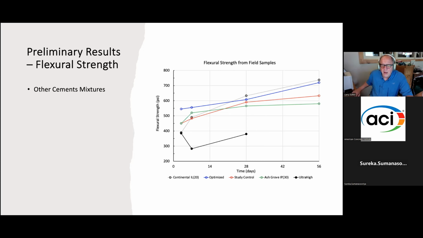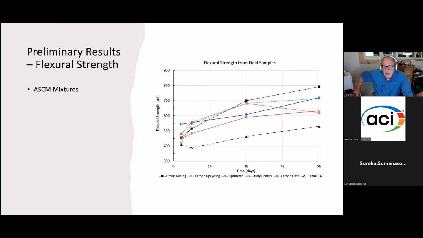Again, the Continental is the gray line, black circles, performing very well compared to the controls. Ultra high, we had issues with consolidation of the mix, and so these samples just were not properly prepared, so this data is just not indicative really of its performance.